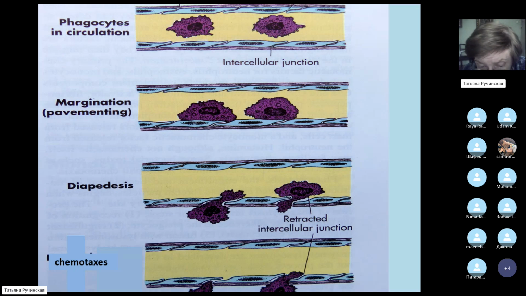This enzyme will break down the basal membrane and further come through the smooth muscles. That is why there is no injury of the vessel wall.